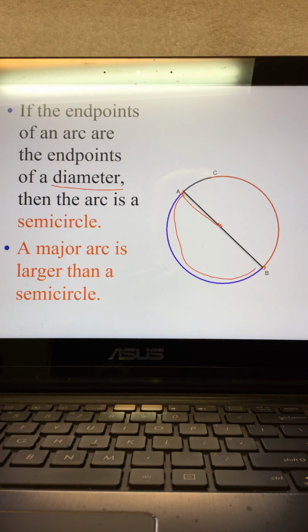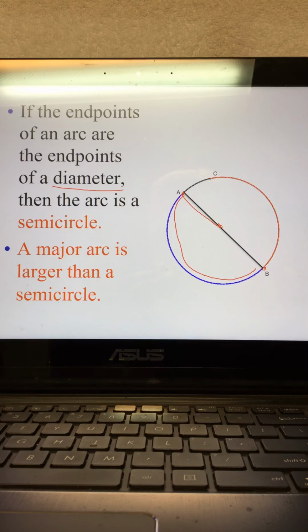So this is a semicircle. Also, traveling this way is a semicircle. A diameter is going to cut any circle into two semicircles. And a major arc is always going to be bigger than a semicircle. So if I can identify a semicircle, that's good. And then anything bigger than that is going to be a major arc.